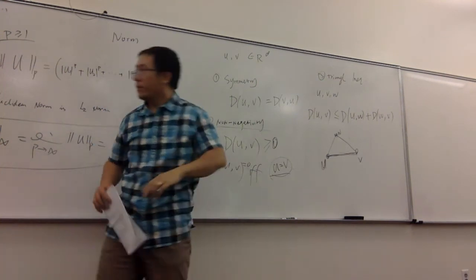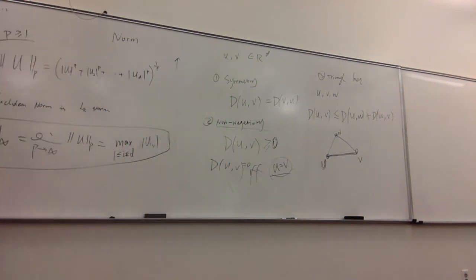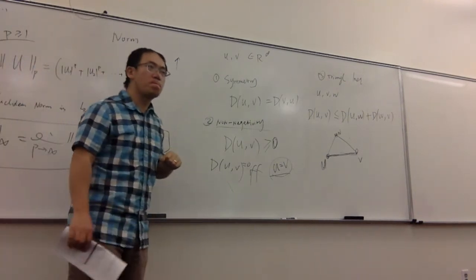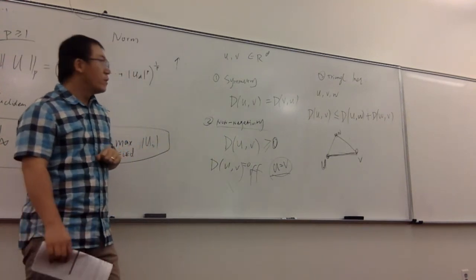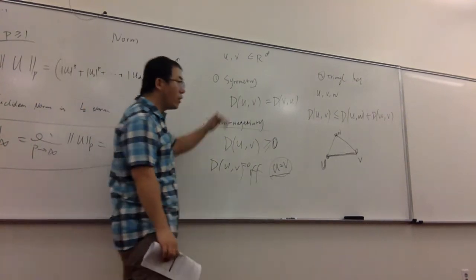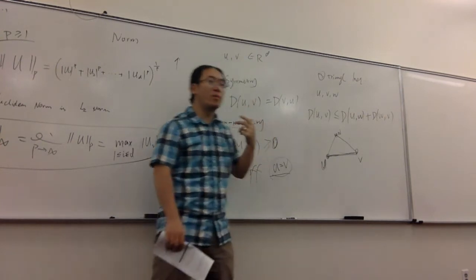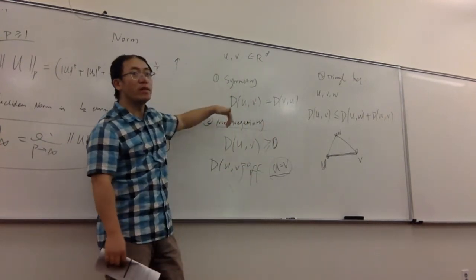You can show that the Lp norm is a valid distance metric, so the Lp norm is a special distance metric. You're not required to prove why the Lp norm satisfies these three properties.